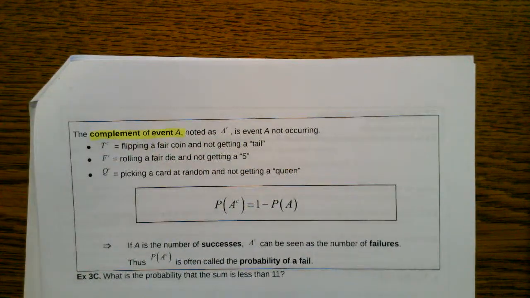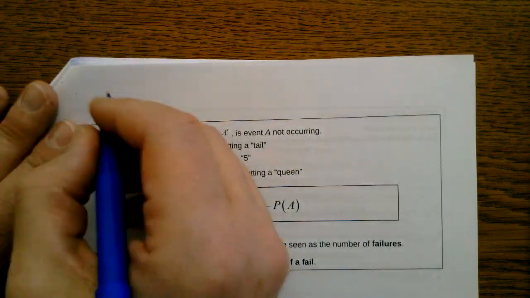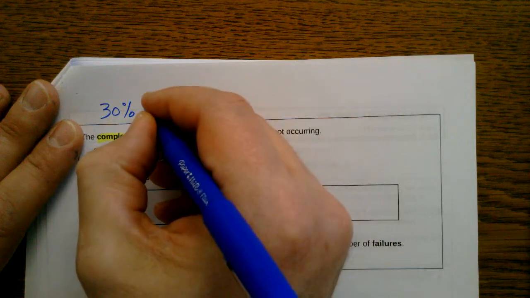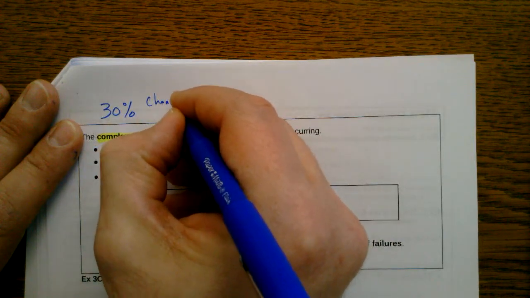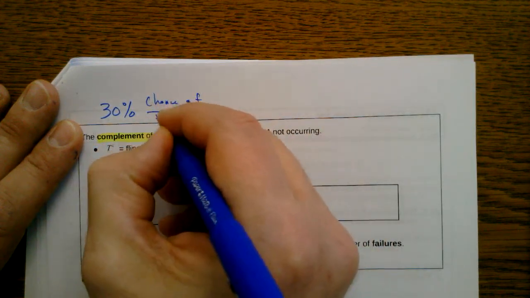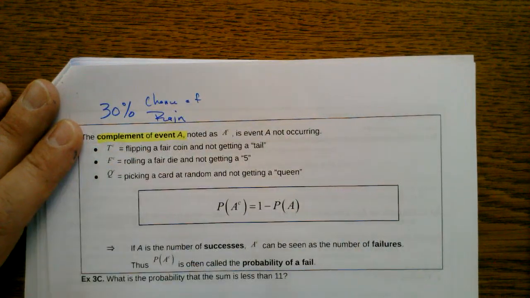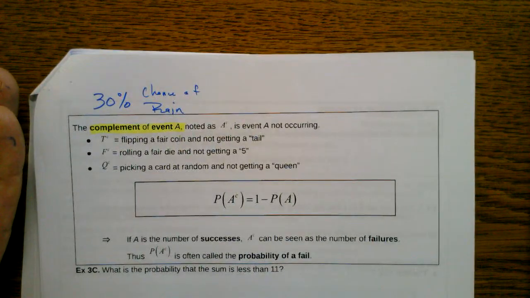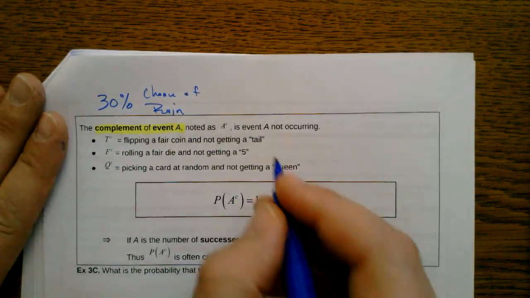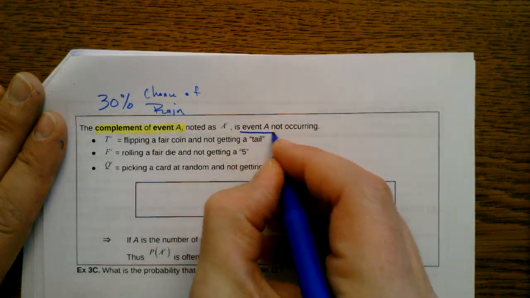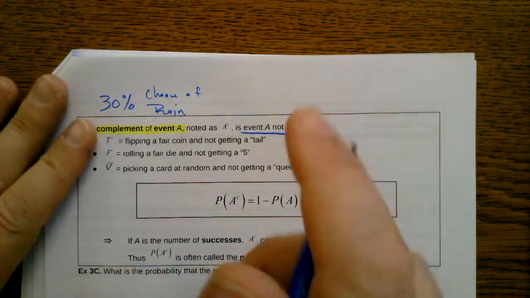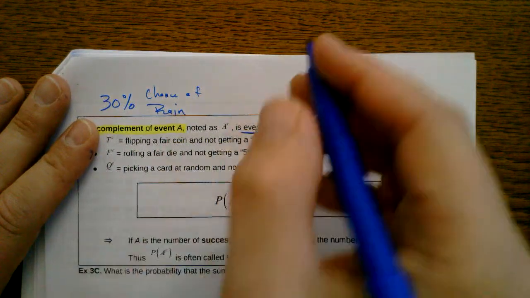So if I have a 30% chance of rain, the complement to that is what's the chance that it's not going to rain. So a complement is what's the opportunity, what's the percentage, what's the probability that an event's not going to occur. So that's called the complement.